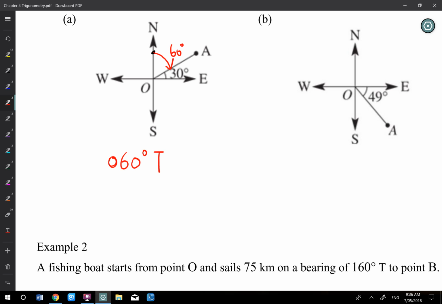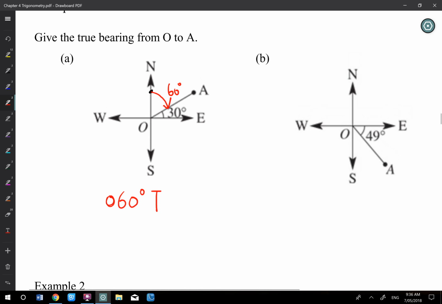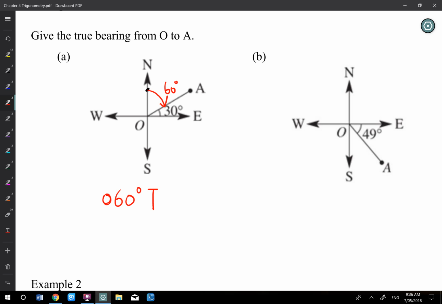Also, in another way, I can say A is in the northeast direction. Northeast direction means going to the north, higher than me, and also to the right of me. This is not the true bearing, because I use north, south, west, east to talk about it. So I can have northeast, southeast, northwest, and southwest to measure it as well.